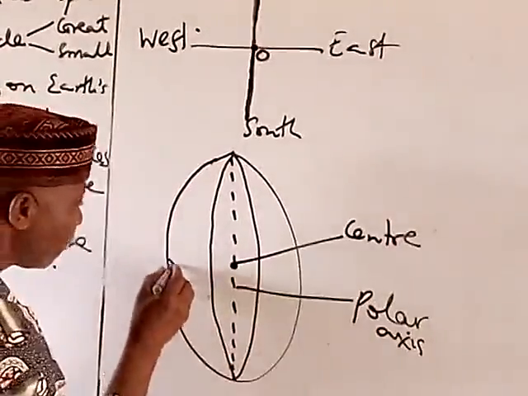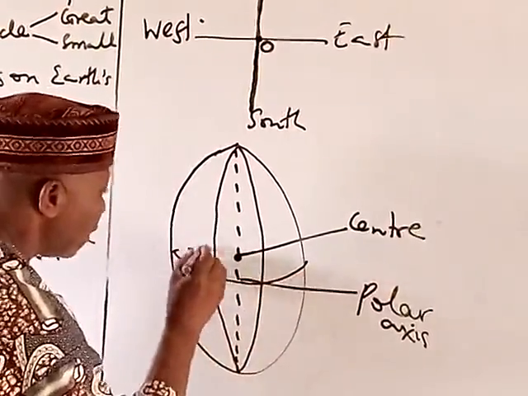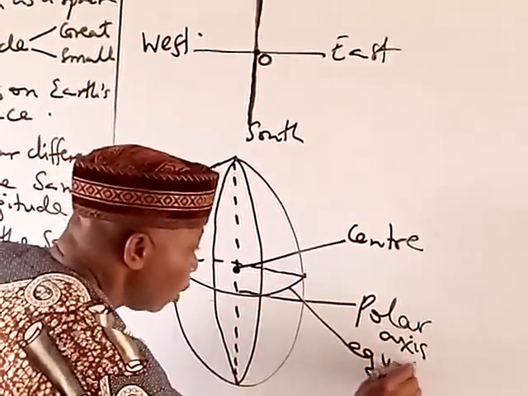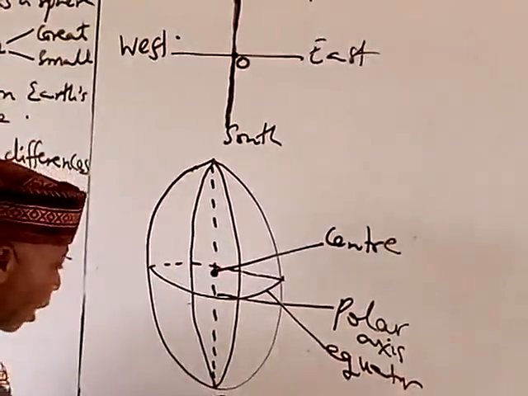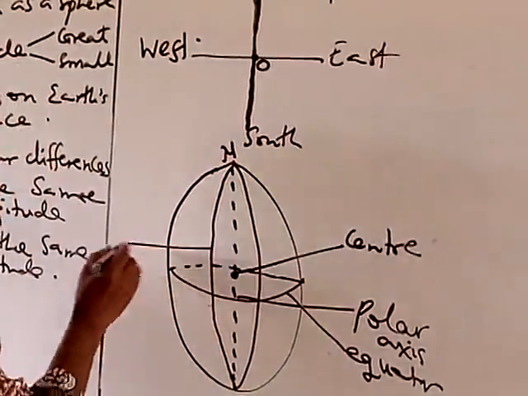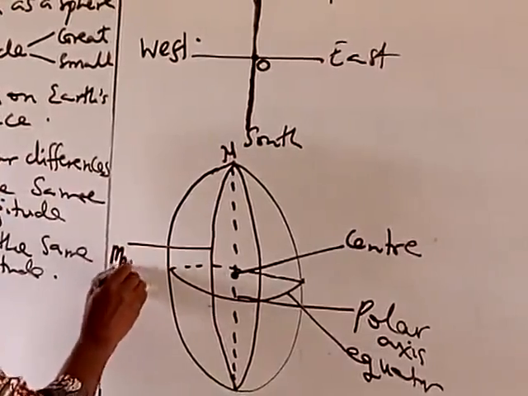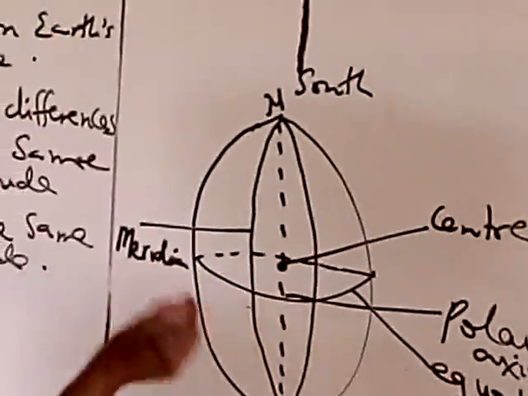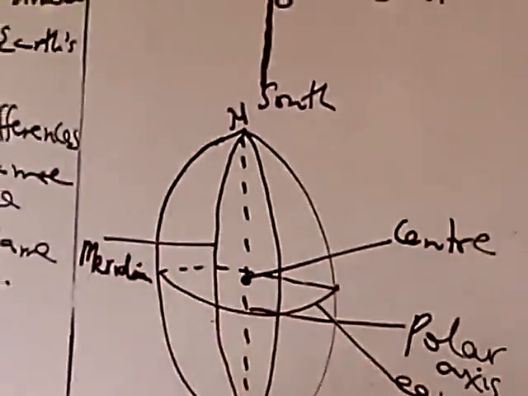And we have this line as the equator. We have the south, we have the north here. And this is the meridian. We can call it the meridian, or we can call it the prime meridian.